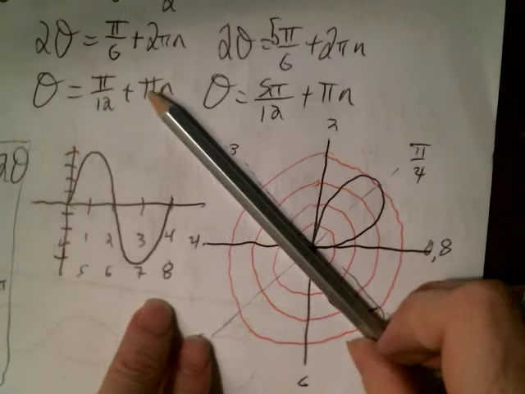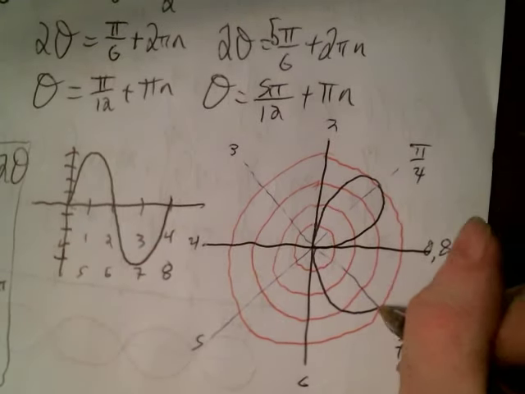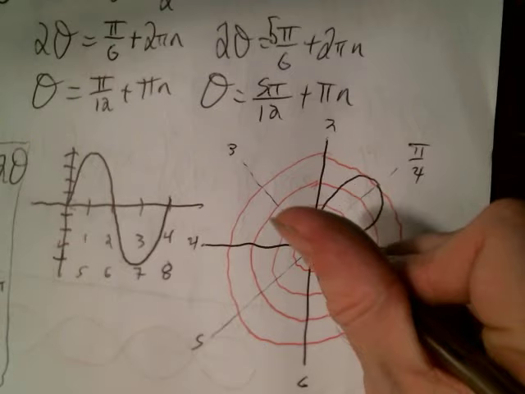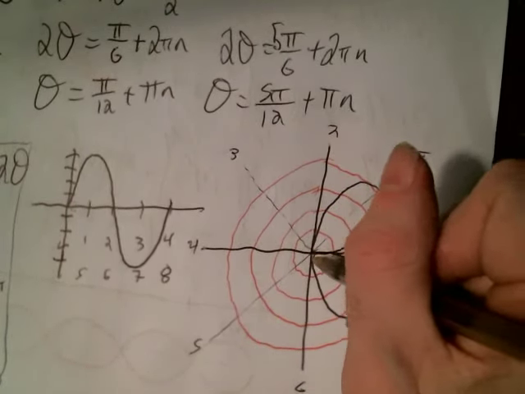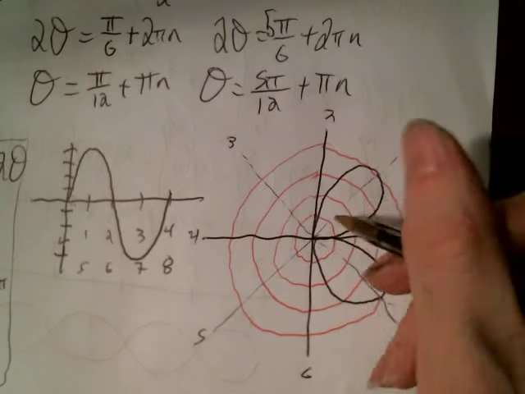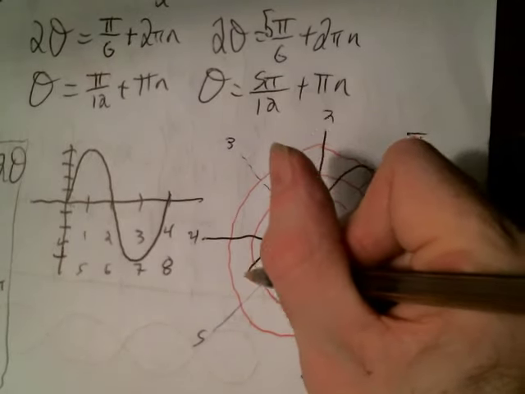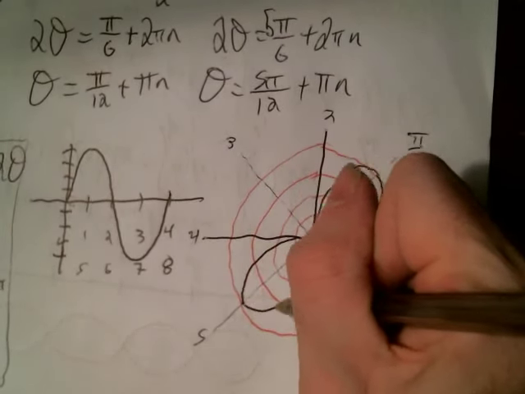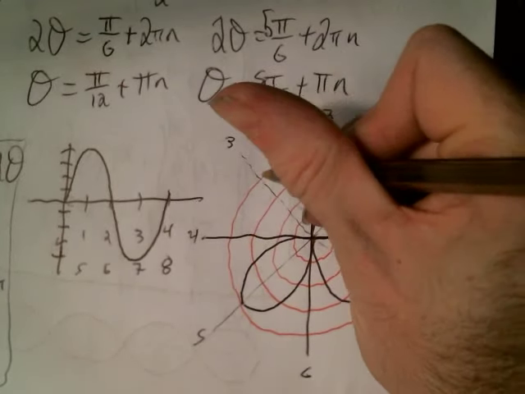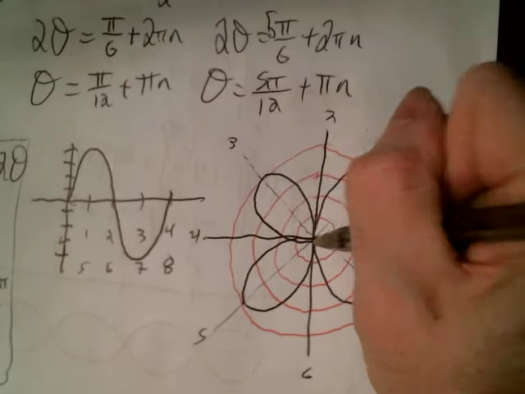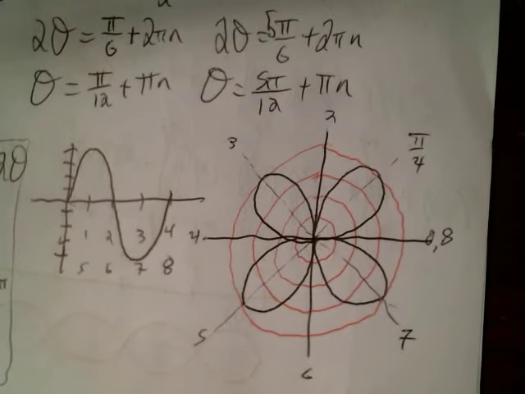Right? And then from 3 pi over 4 to pi, it's going back to 0. And then from pi to 5 pi over 4, it's going out to 4 again. And then it's going to go back to 0. And then it's going to go to -4, and then it's going to go back to 0 again. Okay? So we get this four-leaf clover thingamajig.